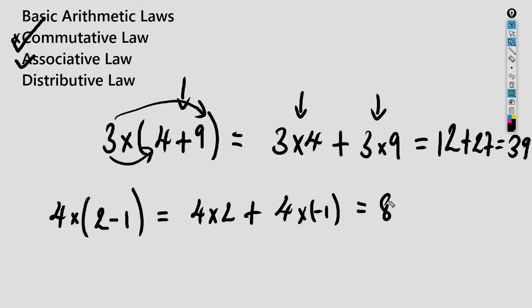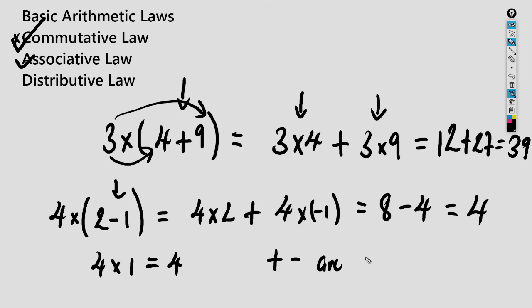We're going to end up with 8 minus 4, which is equal to 4, right? And it would be the same thing if we just did the brackets first. This 2 minus 1 would give us 1. 4 times 1 would equal 4. So it's the same thing. So addition and subtraction are distributive, okay?